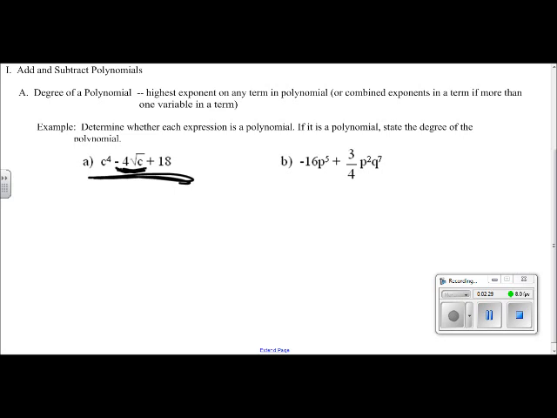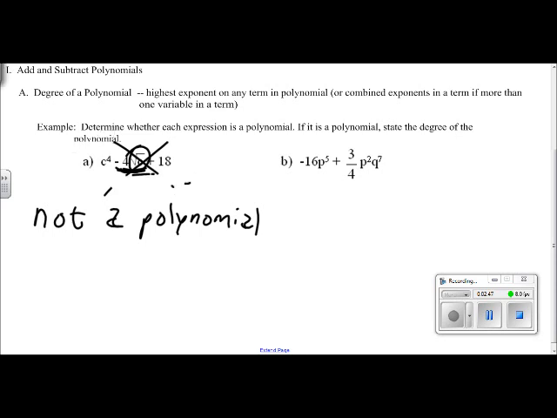And because we have the square root of a variable, we know that this one is not a polynomial. So if you came up to one like this on a homework problem, you would just say not a polynomial, because it does have the square root of a variable inside there.